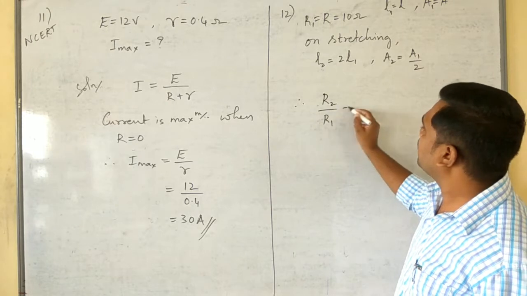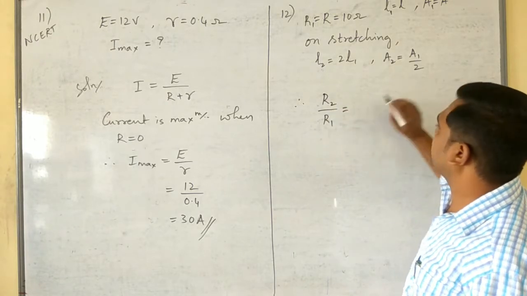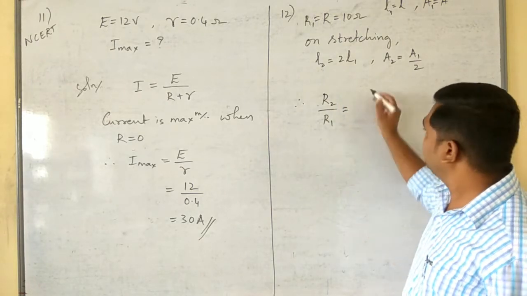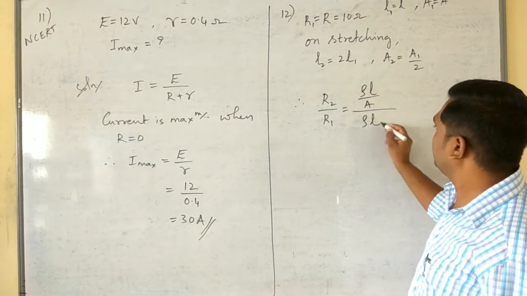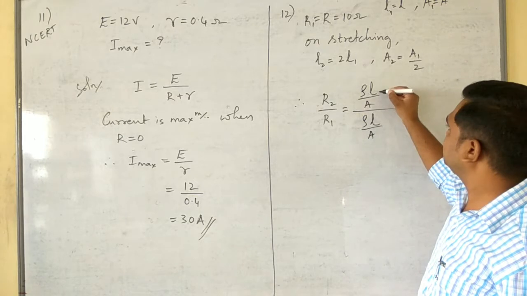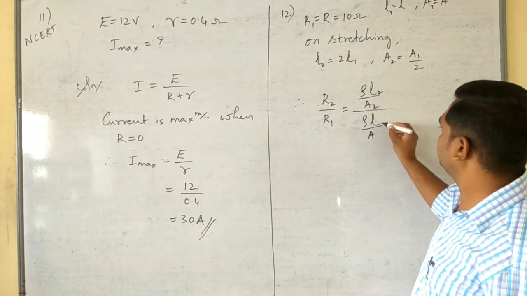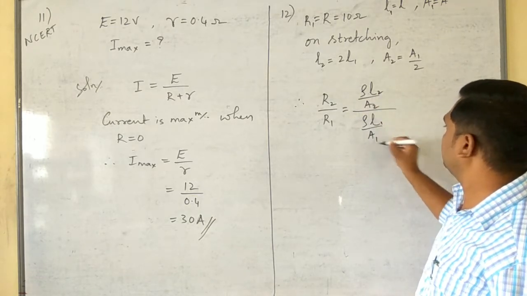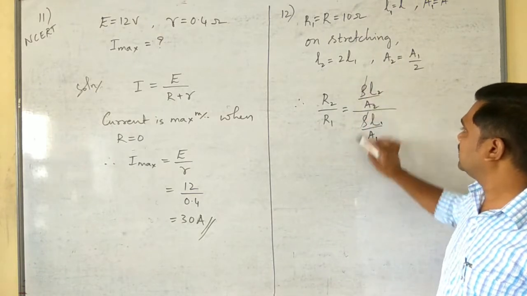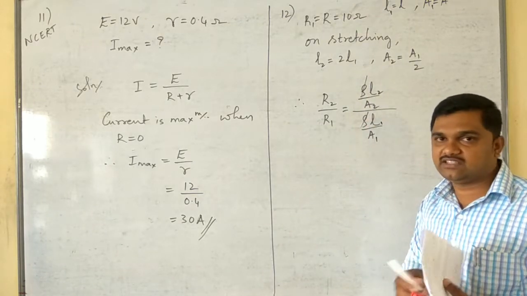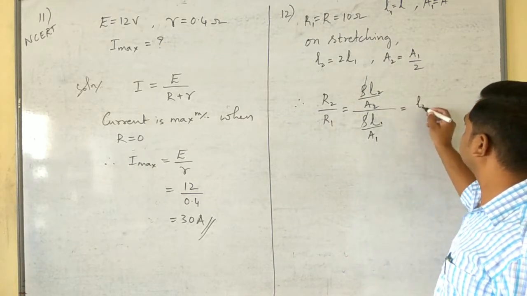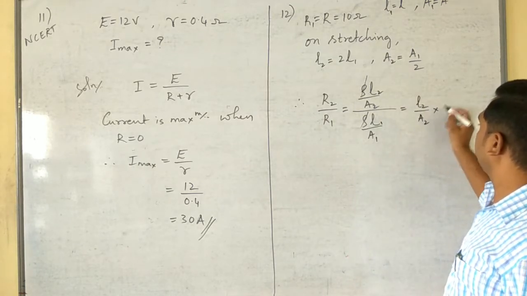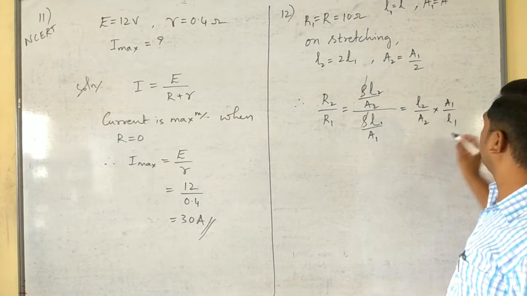Therefore, R2 divided by R1 gives us, what is the formula for R? Rho L by A. Here it is L2, A2, and this is L1, A1. Rho cancels. Rho never changes since it is the property of that wire. Next, L2 by A2 into A1 by L1.